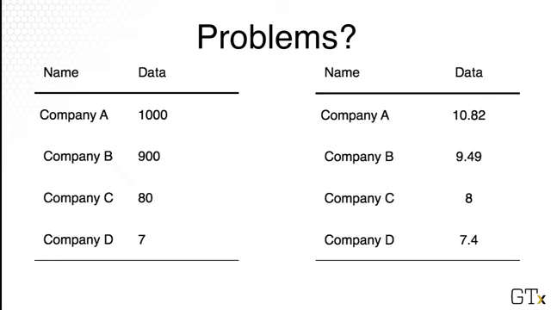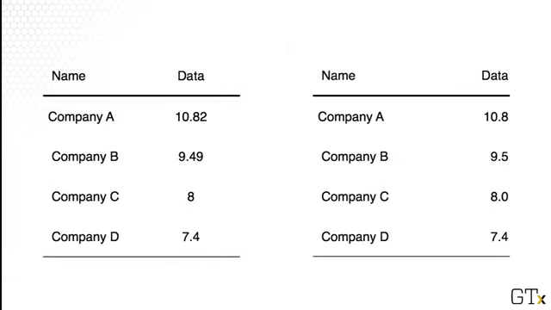Not using the same number of decimal places, or not having any digits after the decimal point at all, can be misleading. At first glance, I may see that, whoa, the number for company A is much higher, it has 4 digits, while company C is much smaller. To improve this, what we should do is unify the number of decimal places that we use, and also align them by the decimal point. So it's much easier to glance at and compare them.